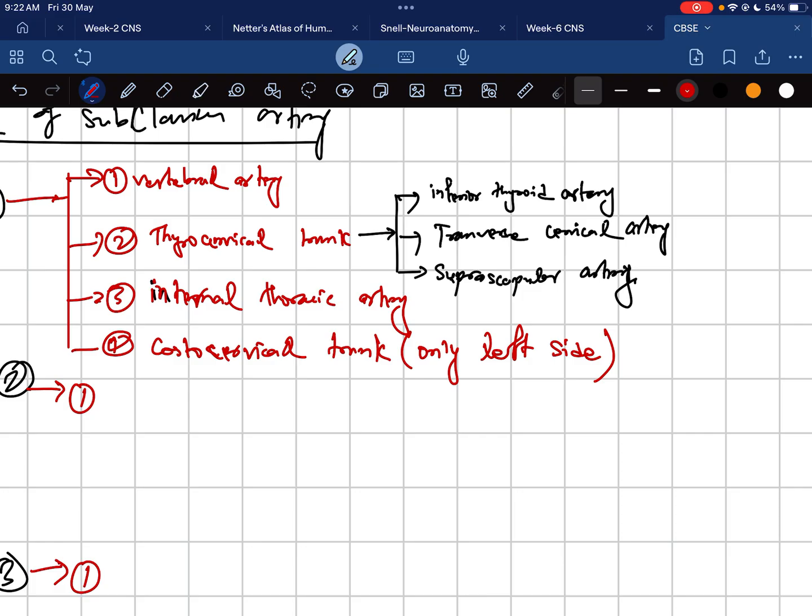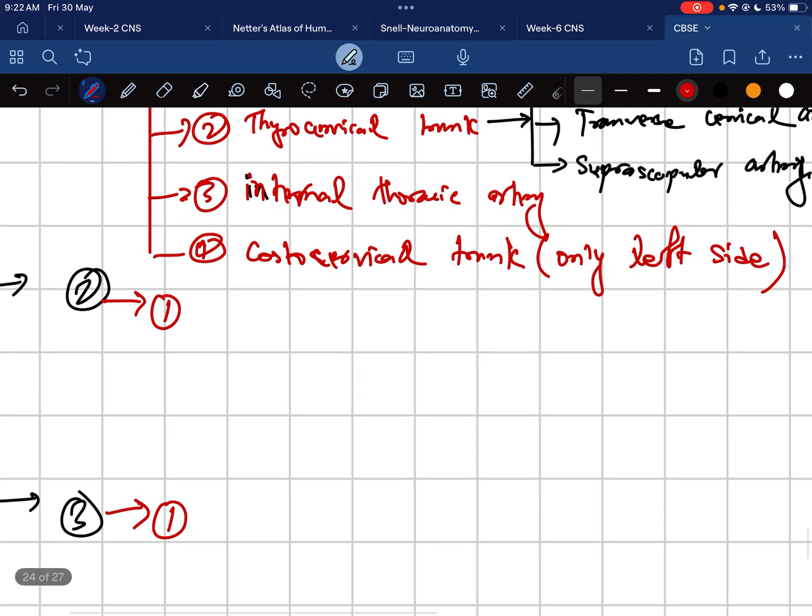Now we are moving on to the second part of the subclavian artery. The second part gives the costocervical trunk on the right side only.